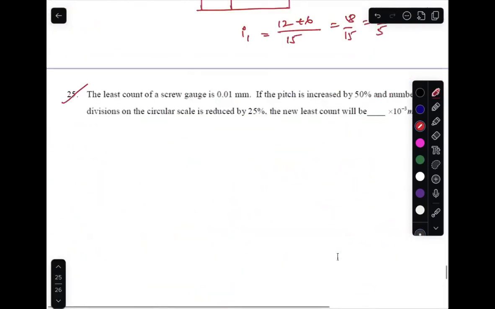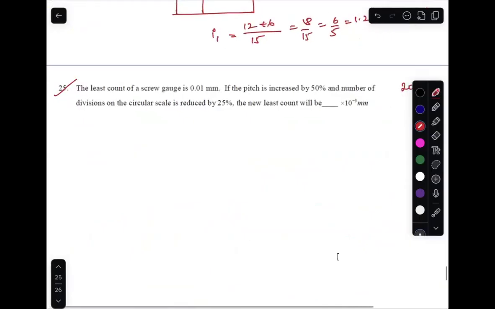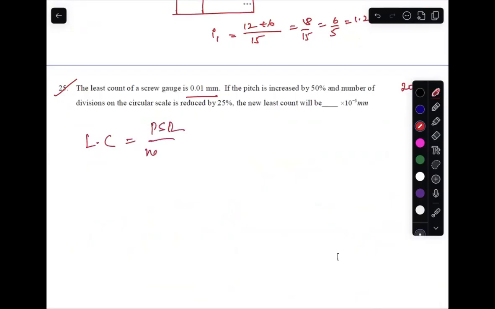Absolutely correct. The least count of a screw gauge is 0.01 mm. Least count is pitch of the screw by number of circular scale divisions. You said pitch is increased by 50. Earlier 100, now it becomes 150. Earlier circular scale divisions 100, now reduced by 25, it becomes 75.